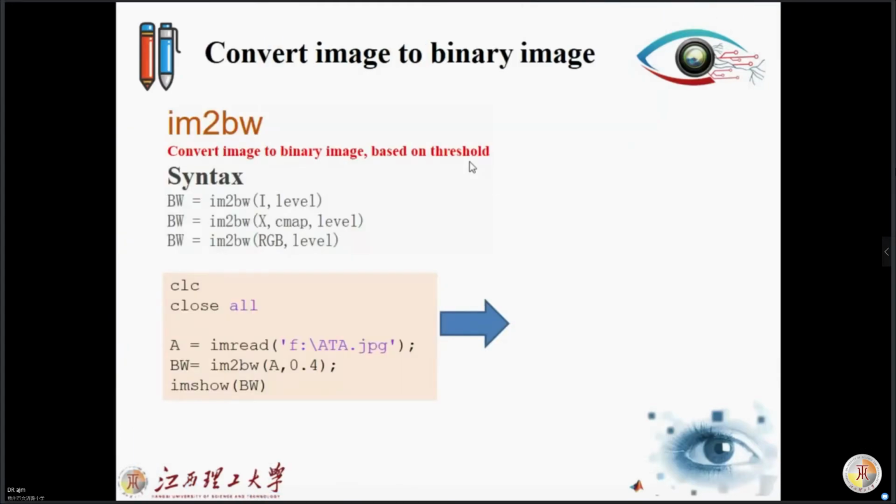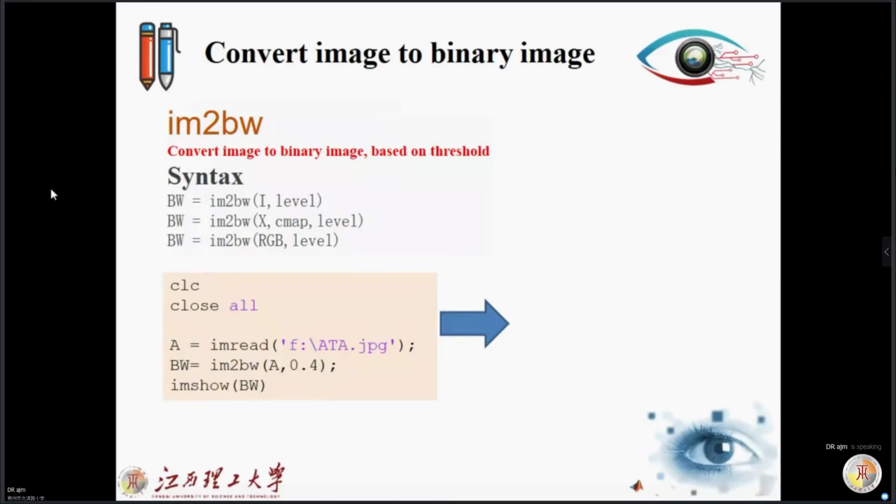As we said, we have various types of images here, and somehow in your application, you need to convert from one type to another. One good command you can use for conversion between images is im2bw, which converts to a binary image, where im is the image and bw means binary.